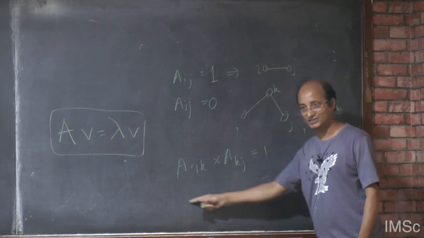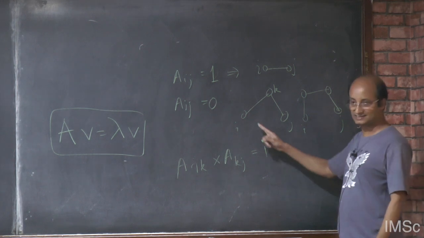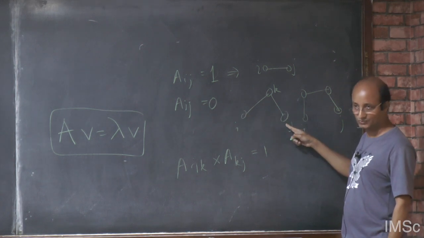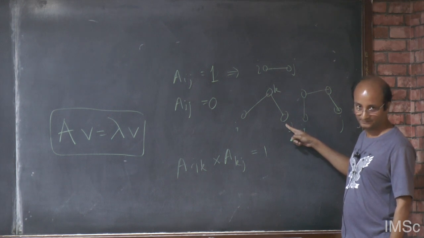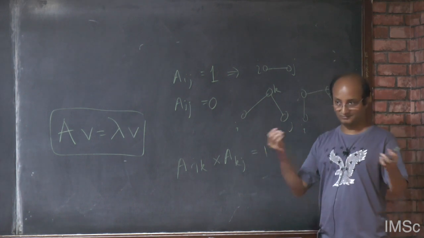So if this condition holds true for any K, that means there would be a path of length 2 connecting I and J, right? K can be anything.